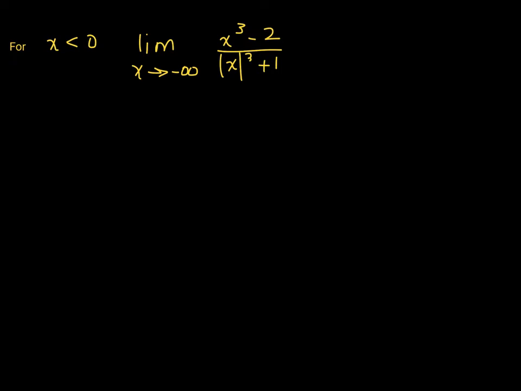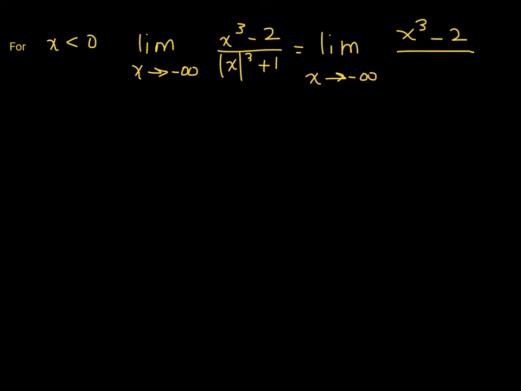Now, if x is less than 0, that means x is negative. That means the absolute value of x is going to be equal to the opposite of x. So let me change this. This is equivalent to the limit as x approaches negative infinity of x cubed minus 2.